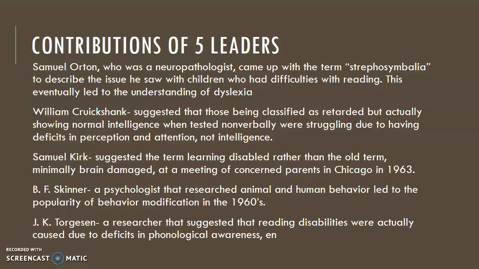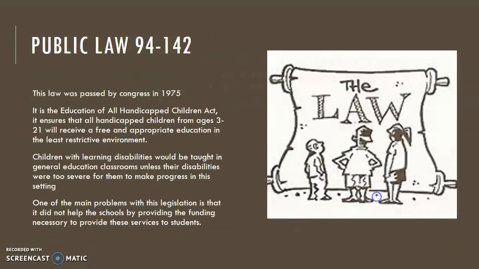He researched animal and human behavior, and that led to the popularity of behavior modification during the 1960s. Our last leader is J.K. Torgesen, a researcher who suggested that reading disabilities were caused by deficits in phonological awareness.